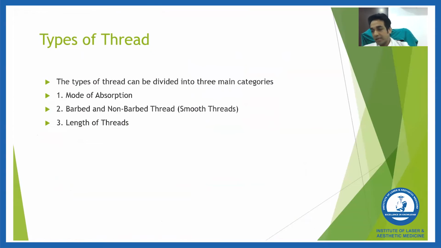Now, finally coming on to the topic, which is the type of threads, right? The type of threads can be divided into three main categories. This is based on their characteristics. It is based on the mode of absorption, whether these are resorbable or non-resorbable. There are barbed or non-barbed, or the length of the threads.